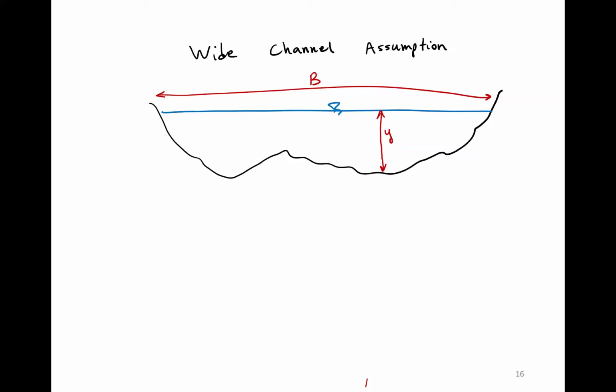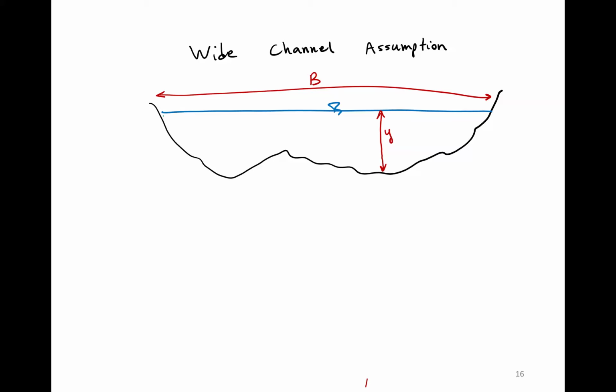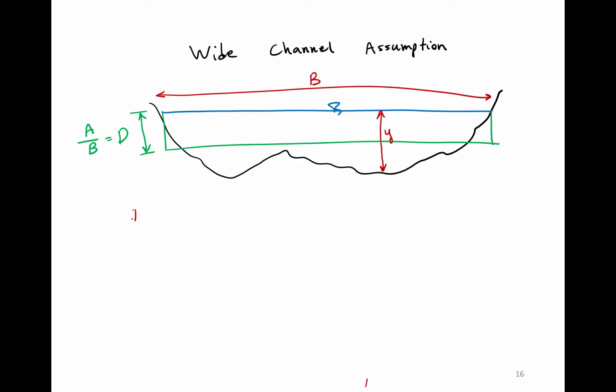And we just learned that there's an equivalent rectangular shape like this that has a depth of D, the hydraulic depth, equal to A divided by B. And if the channel is wide, so I'm going to write it here: if B over Y is large.